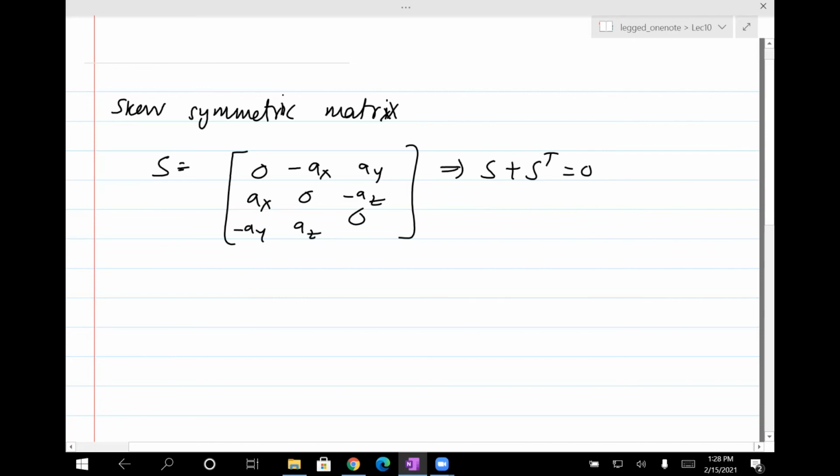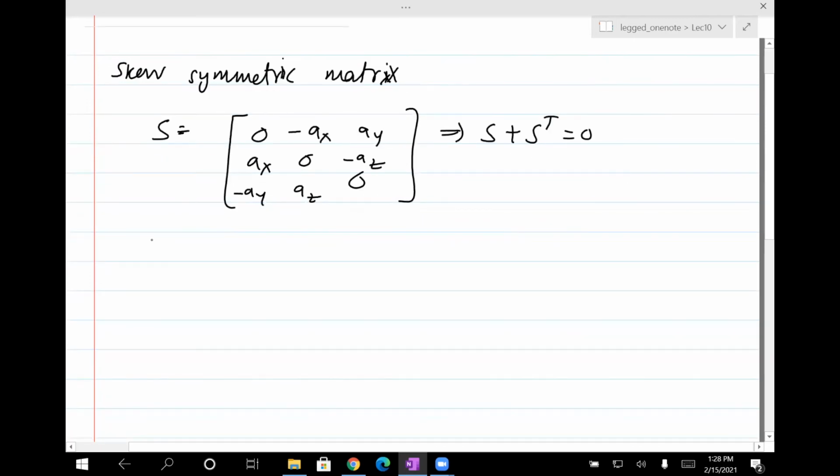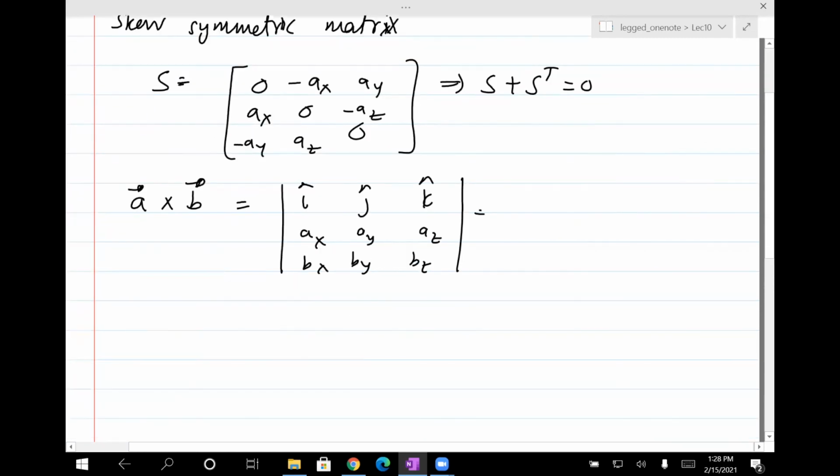The good thing about a skew symmetric matrix is that if you take a vector A cross B and write it down as I, J, K, AX, AY, AZ, BX, BY, BZ, and take this cross product, or you can use cross(A, B) in MATLAB, it will give you the cross product.